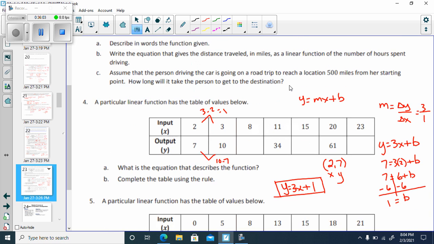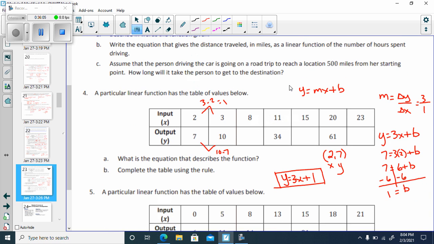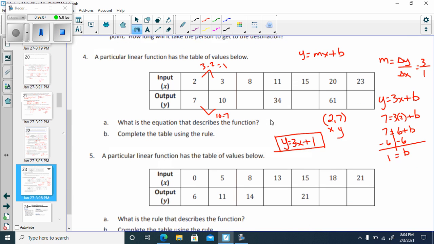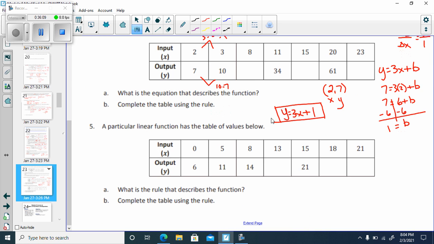And we're going to skip that one. We're going to skip 3 and 4. And we're going to write 5. Let's see. Let's write the equation for this one. y is equal to mx plus b. Our b is 6. y is equal to, and we find our m. Remember, our m is change in y over change in x.